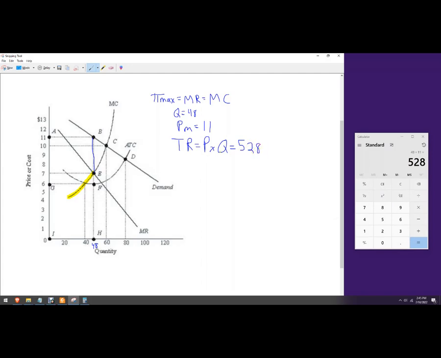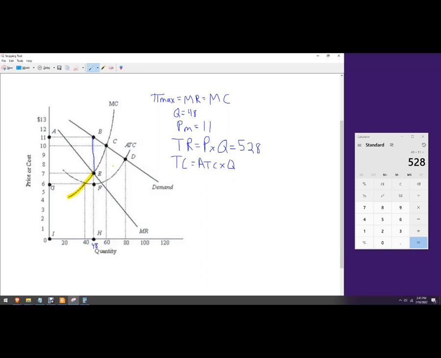Now it's not profit, because for profit we have to use whatever the average cost is. You've got a couple of options. One, you can just calculate the total cost, which is found by taking the average total cost times the quantity.